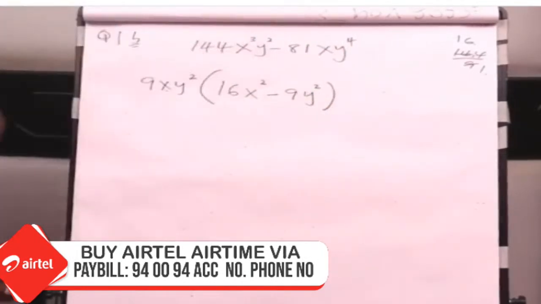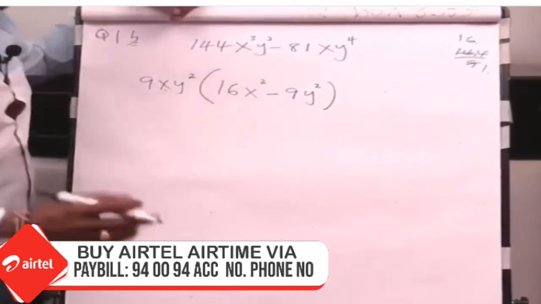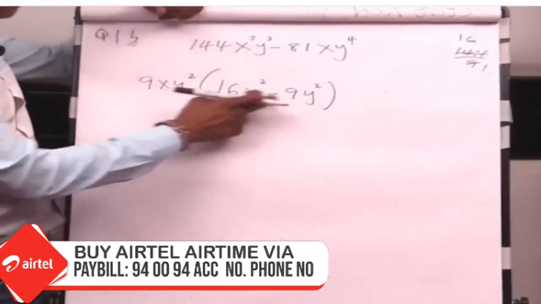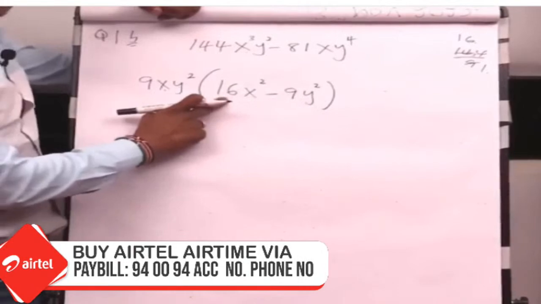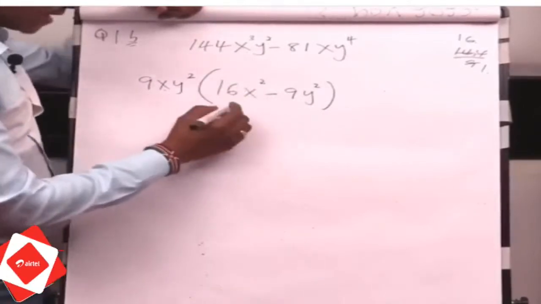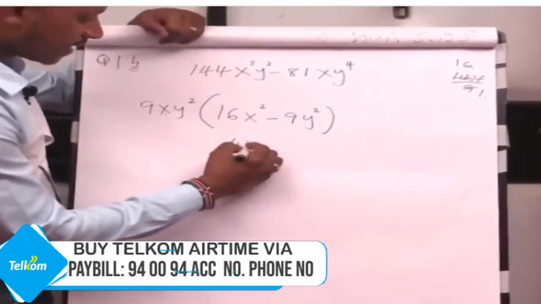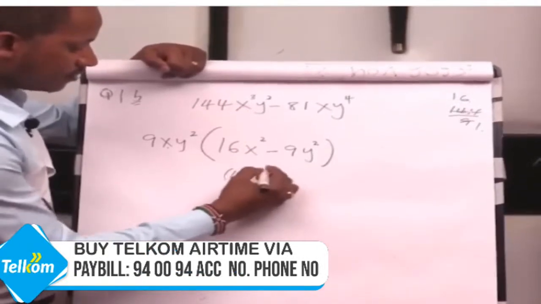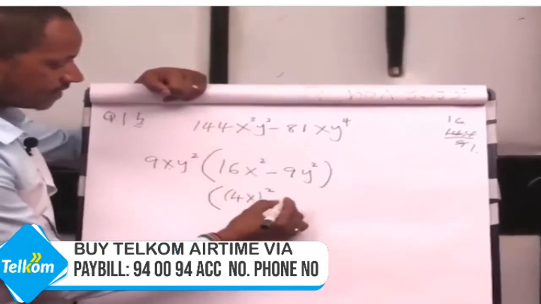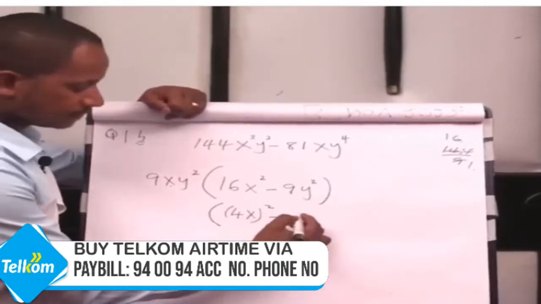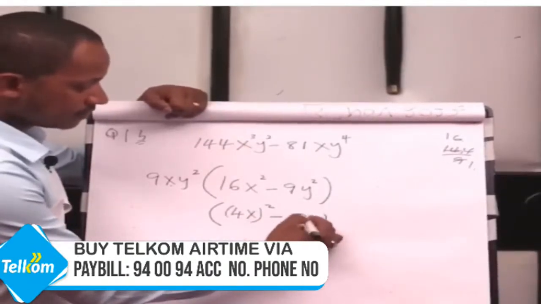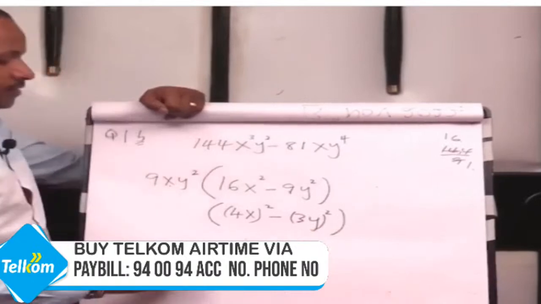So from here, you can see something very familiar in this bracket. You see 16x squared. 16 can also be written as 4 squared, so 16x squared is 4x everything squared, minus 9y squared.